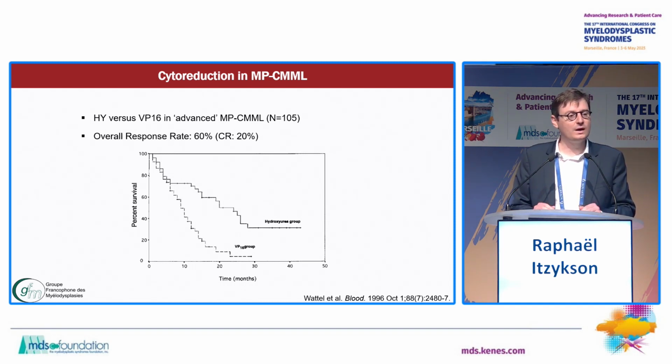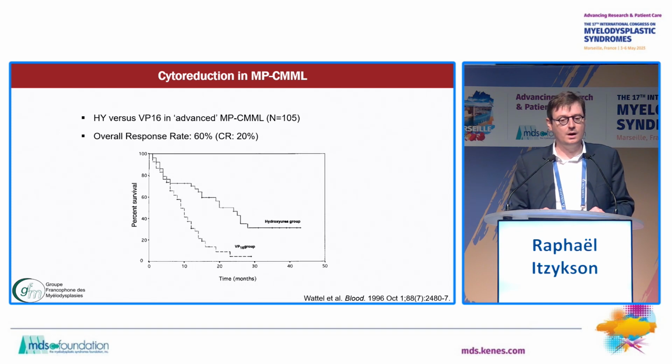And this trial had, per protocol, defined response criteria that were based on what would become the IWG criteria for MDS, but also accounting for reduction in spleen size and extramedullary symptoms, as well as protocol-specific criteria for advanced disease based on the prognostic scoring system that were used in CMML at that time, and that I should say do not underperform more modern prognostic systems that do not account for molecular markers.